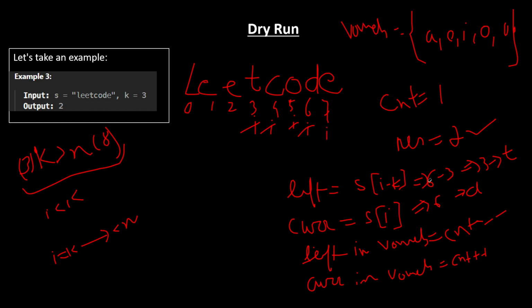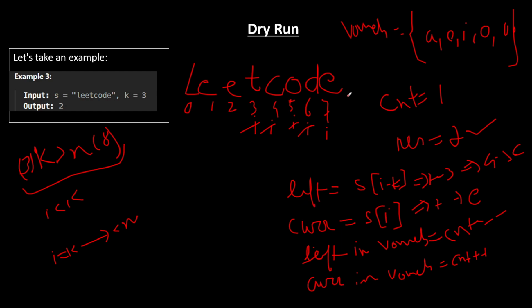So if we can see the seventh character, 7 minus 3 gives me 4, and S of 7 gives me E. In the fourth index, we have C. So we can see that we are not throwing any vowel out of the window, so count won't be decremented.